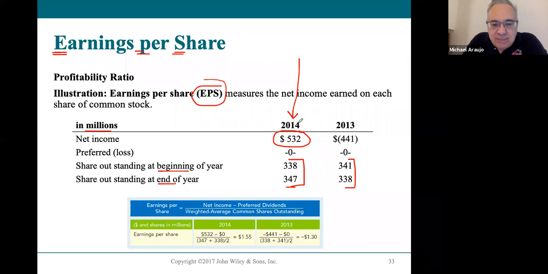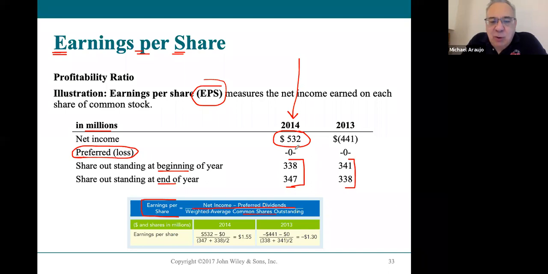Well, let's focus here. To calculate your earnings per share and understand this ratio, we're really looking at the profits of the company, which is net income, divided by the common shares outstanding. Preferred dividends is a concept that applies if the company has preferred stock. We've been basically talking about common stock, but there's another class of stock called preferred stock. Preferred stock has no voting rights, unlike common shareholders, who have voting rights.